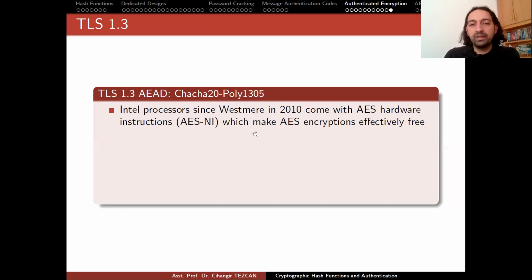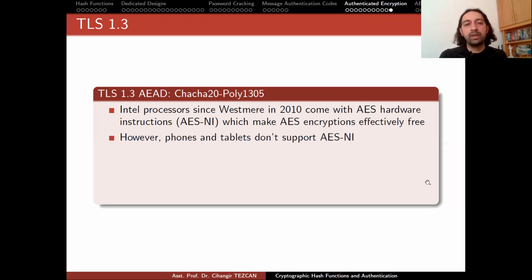Intel processors since Westmere in 2010 come with AES hardware instructions, AES-NI, which make AES encryption effectively free. The same is also available in AMD processors. So now we have CPU instructions that can perform AES encryption. It provides hardware-level encryption, which is a lot faster than any software implementation that you can do on a CPU.